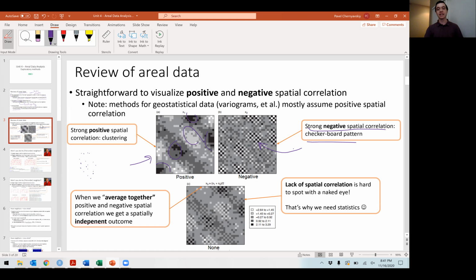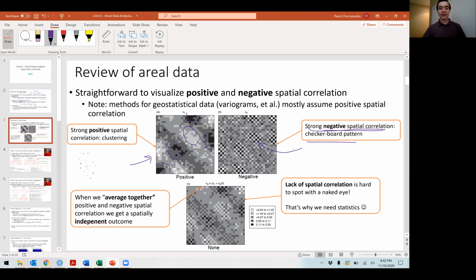That is not random. That is an example of a negative spatial correlation. To be honest, it's mostly a mathematical possibility. I can't think of a real life example off the top of my head that exhibits negative spatial correlation. Most of the time, it's either independent or it's clustered in some way.